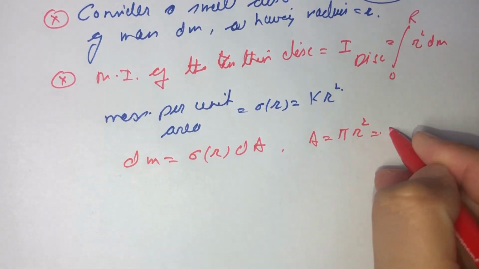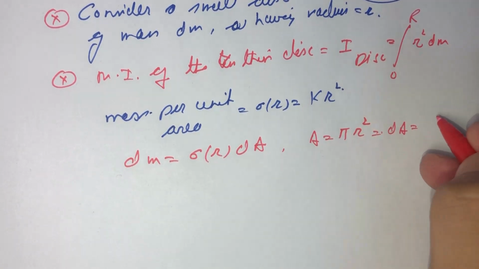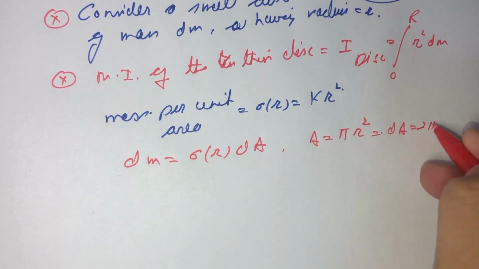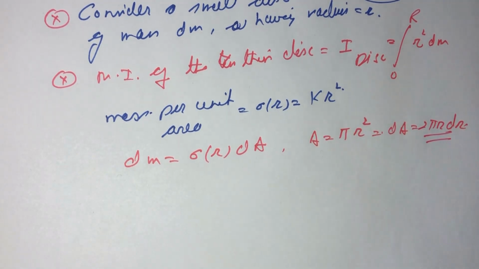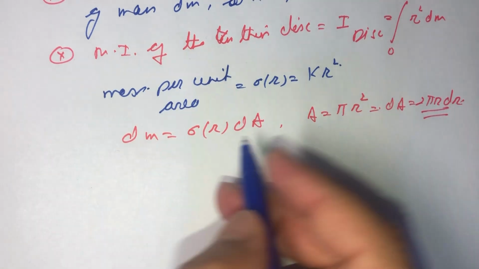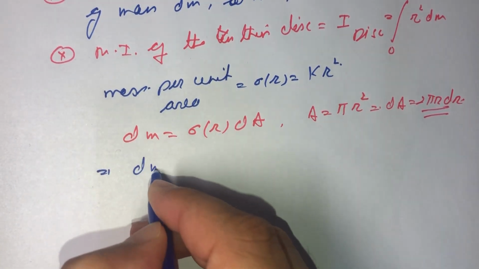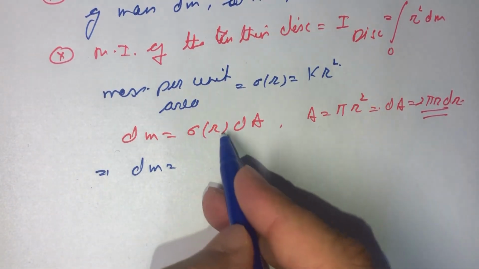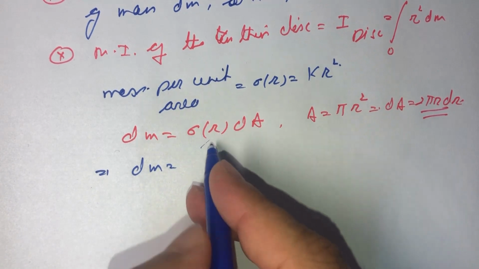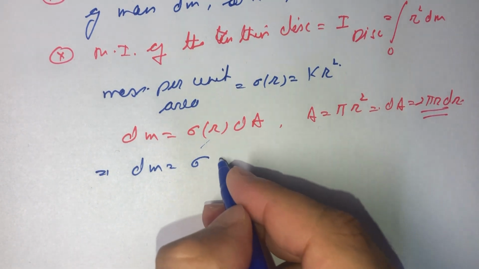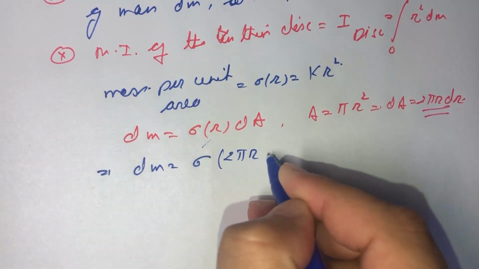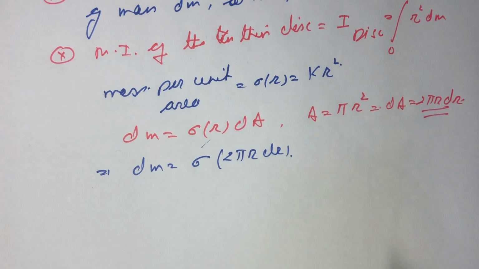So from here we can find out that our dA will be equal to 2 pi r into dr. Therefore this dm can be written as, for the sake of convenience, let us remove this r, so we are going to simply write sigma, and dA comes as 2 pi r into dr.